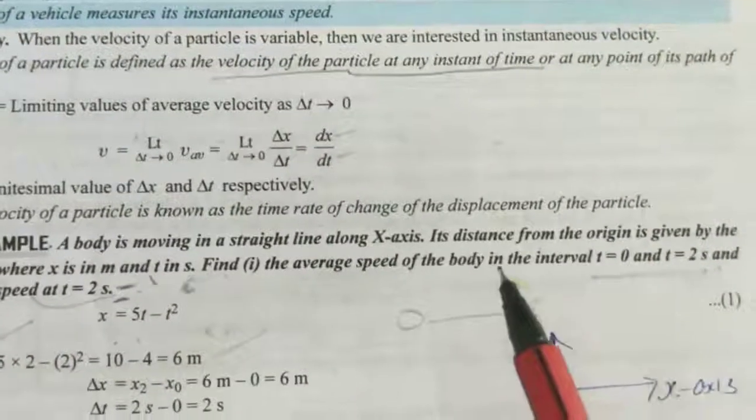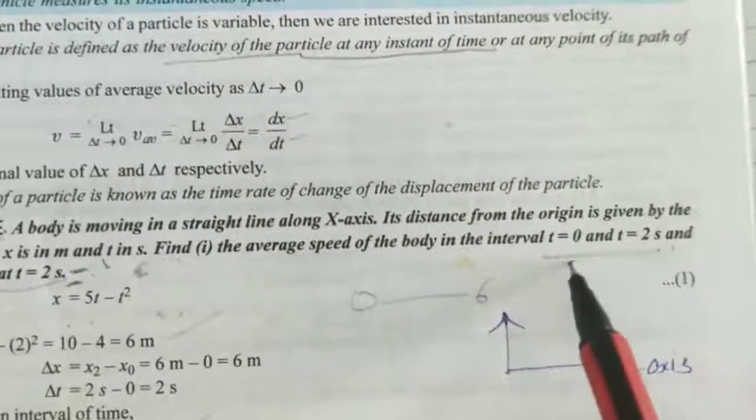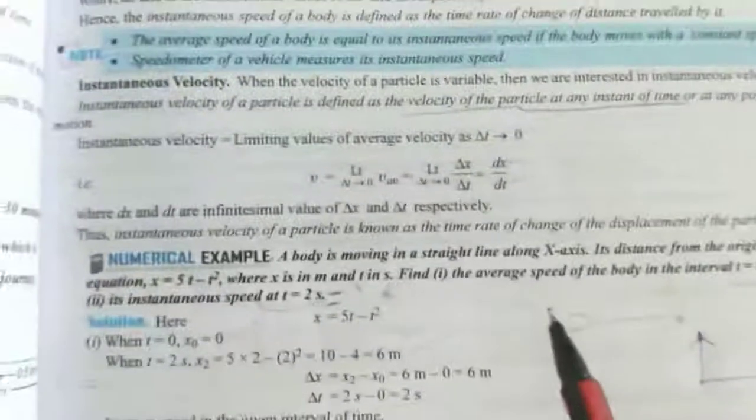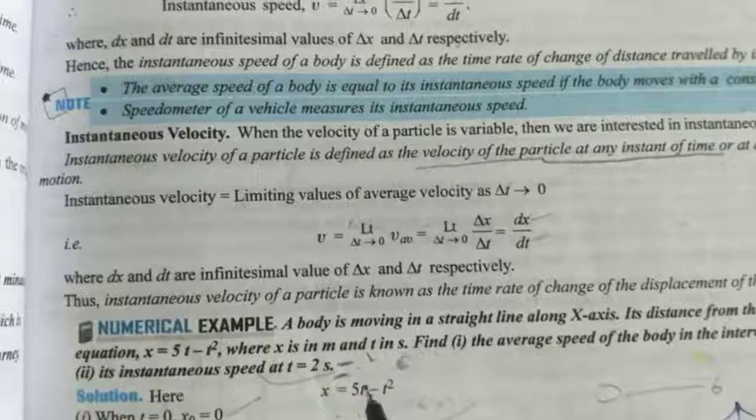Find the average speed of the body in the time interval t equals 0 to t equals 2. That means after 2 seconds, what will be the average speed? And you have to find the instantaneous speed at time t equals 2 seconds.